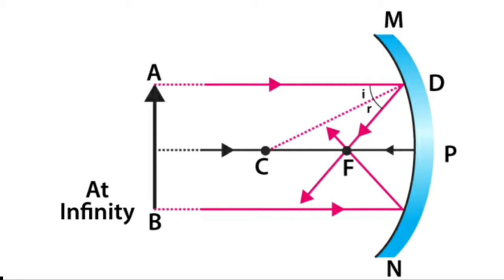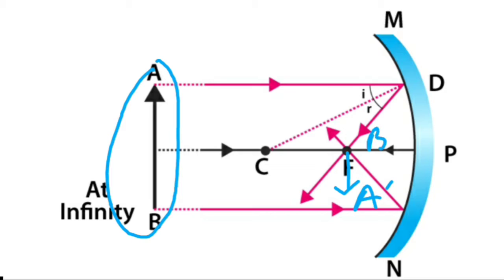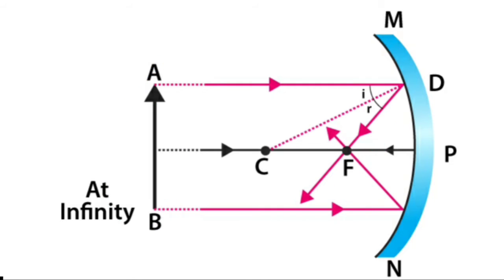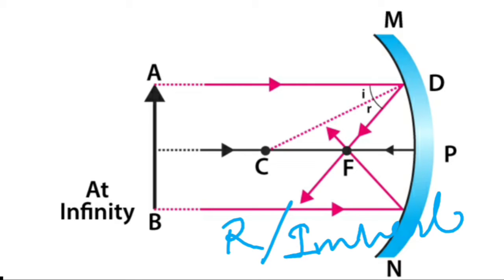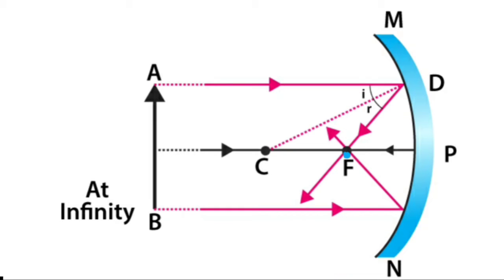If the object is AB then the image is A dash B dash. The top comes to the bottom and the bottom to the top. So the nature is a real and inverted image, because it is directed downward. Though we cannot see this point size image, we have to consider it as inverted.